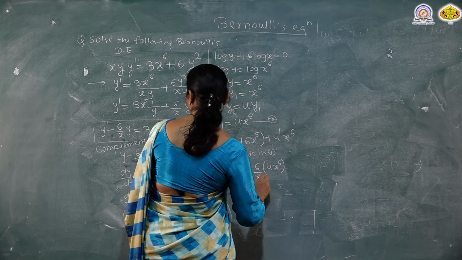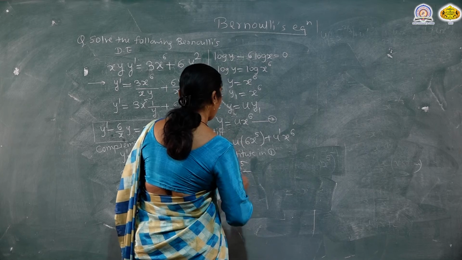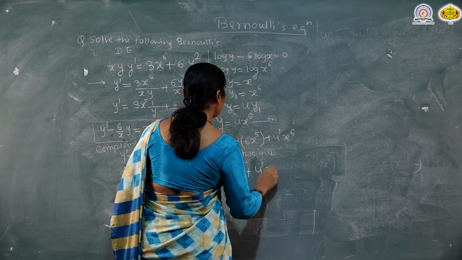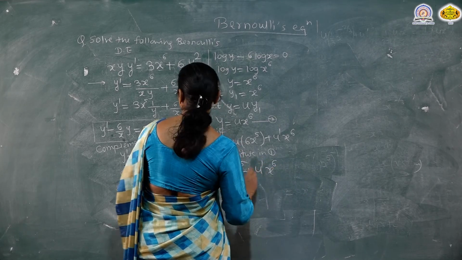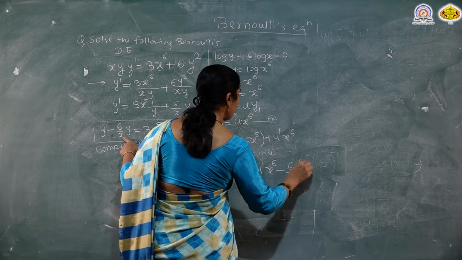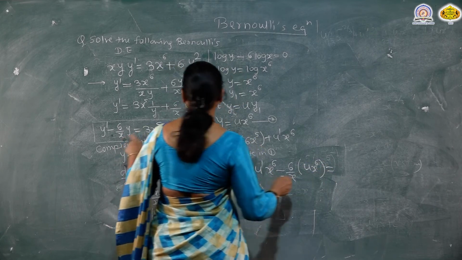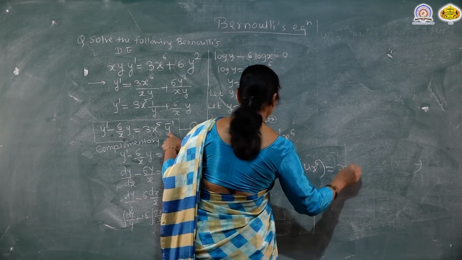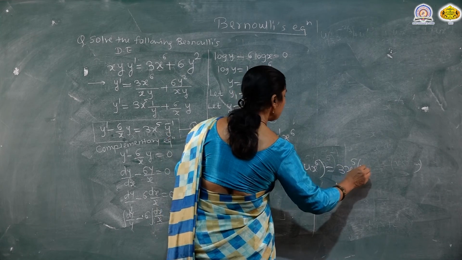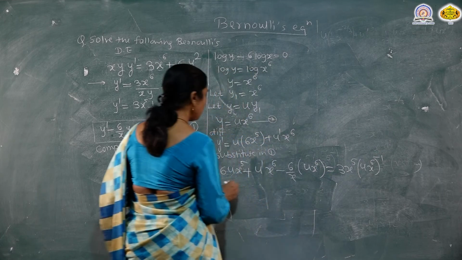The value of y is u x raised to 6, so y raised to minus 1 is u x raised to 6 whole raised to minus 1. Simplify this.